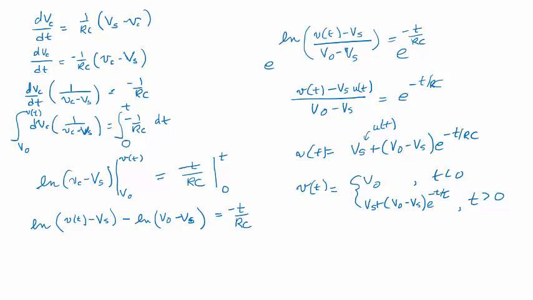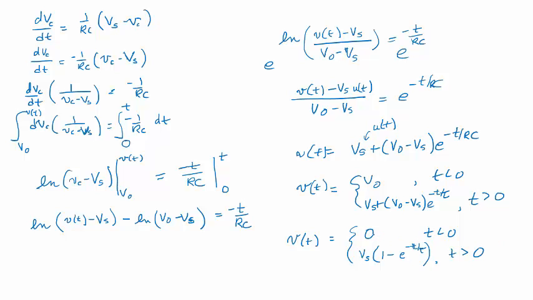Now if that capacitor initially did not have a charge on it, that V0 charge, it's pretty straightforward to see that if there was no V0 charge here, we would get V of t equals 0 before the switch is closed, and then after the switch is closed, you would have the capacitor charging up, which is written as this kind of an equation, with t over tau for t greater than 0.